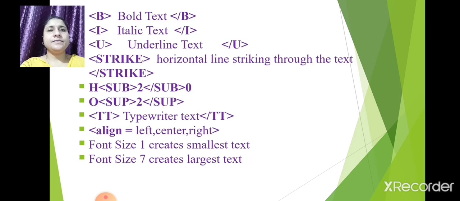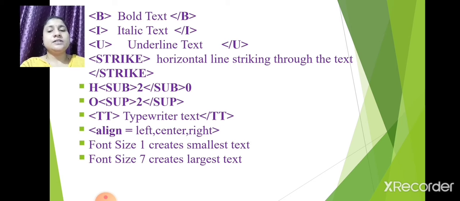Now next, tag B is used to bold the text. I is used to italicize the text. Then U to underline the text. Strike will be used to strike through the text with a horizontal line, okay. When you write the text you will get the horizontal line, it will strike that.